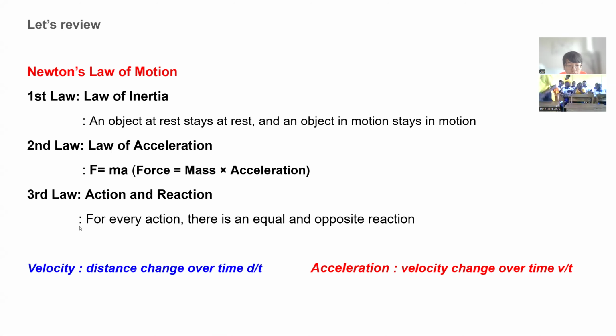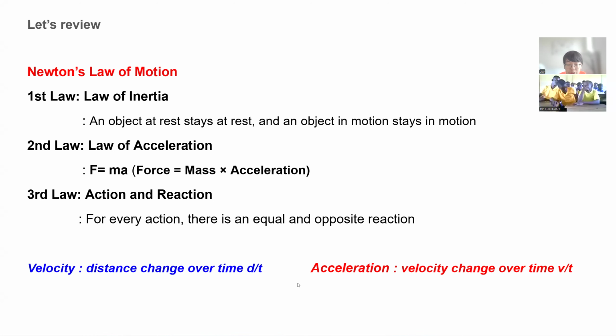We also learned about two important concepts, velocity and acceleration. We briefly talked about acceleration in the second law. Basically, you need to know what velocity is, which is the distance change over time. So distance over time is velocity, distance divided by time.